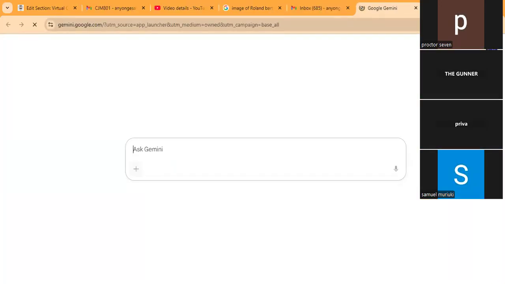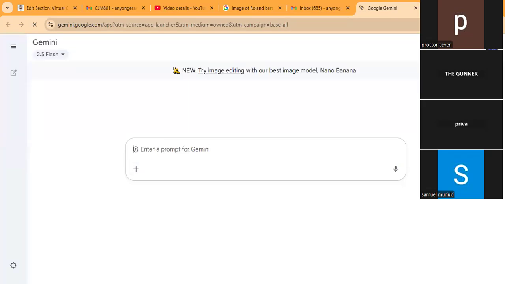You click on Gemini, and there it is. Do you see enter prompt for Gemini? Okay, yes, people can. So once you are here, you can even tell it to draw.